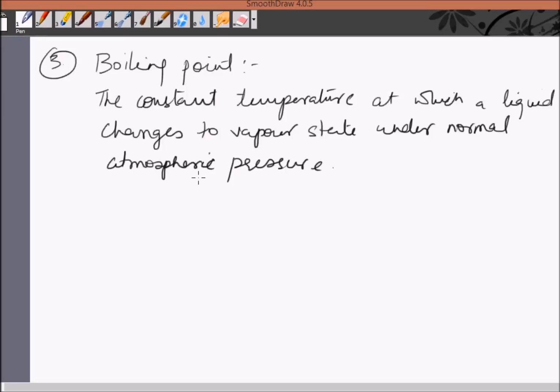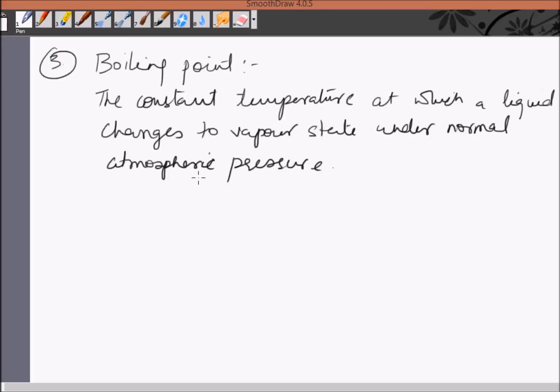Each liquid has a characteristic boiling point of its own. So boiling point depends significantly on pressure. It increases when the pressure is increased. Generally, boiling point is measured or reported under 1 atmospheric pressure, and the boiling point of a liquid at 1 atmospheric pressure is called its normal boiling point.